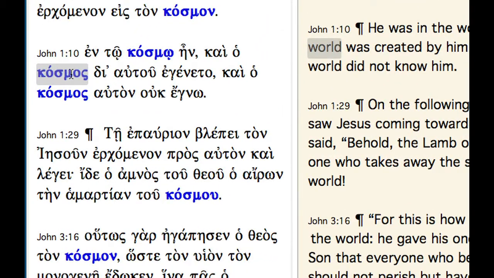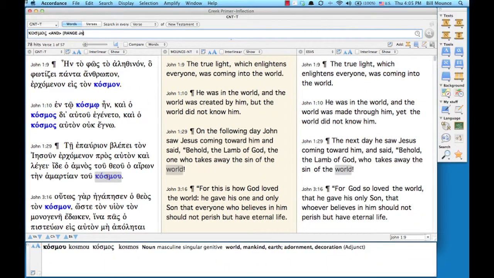There's the actual lexical form being used in a verse. We're going to come back to that in just a second. Go on down to verse 29, and it's cosmu, and it's in a phrase meaning of the world. So you can see that cosmos sometimes occurs in the text as its lexical form, cosmos, but it can also inflect to cosmon, or to cosmo, or to cosmu.